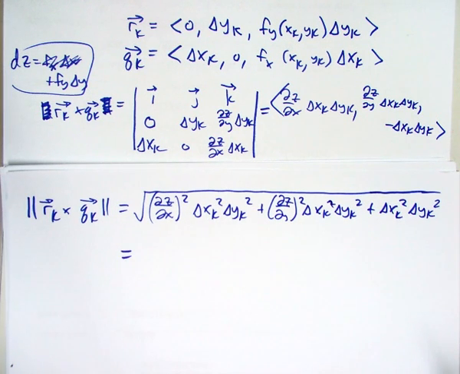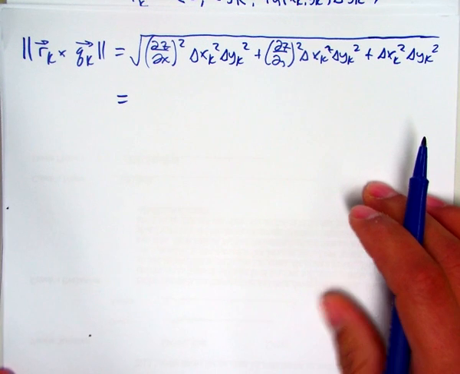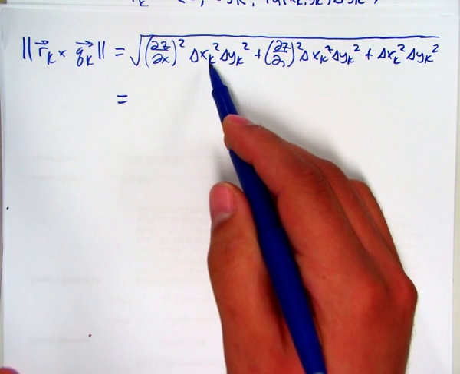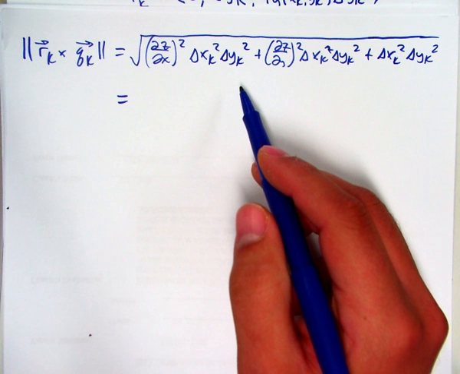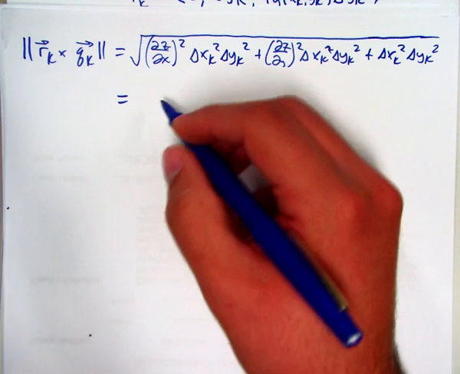Each one of these three terms has a delta x sub k squared, delta y sub k squared, yes? So I'm going to factor it out, take the square root.